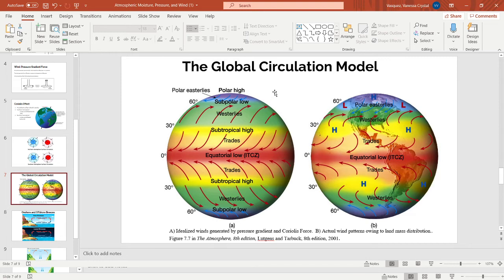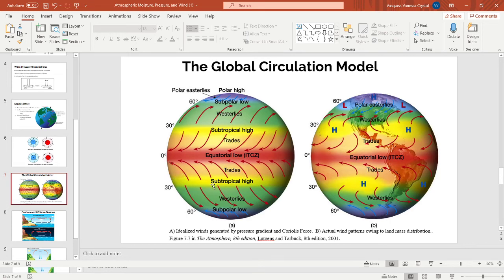The cool air causes the air to sink here. Then I'm going to mention the prevailing winds. The four major prevailing winds are the northeast trade winds, found between 0 to 30 degrees latitude, blowing from the northeast. We have the southeast trade winds, blowing from the southeast, found between 0 to 30 degrees latitude.